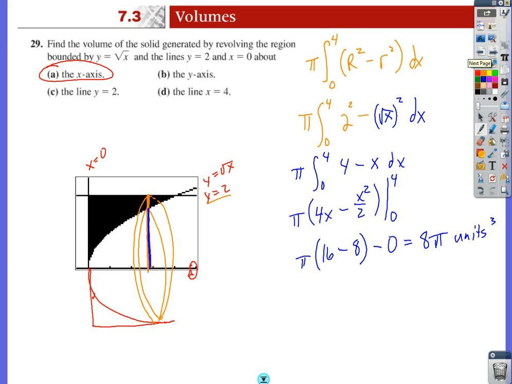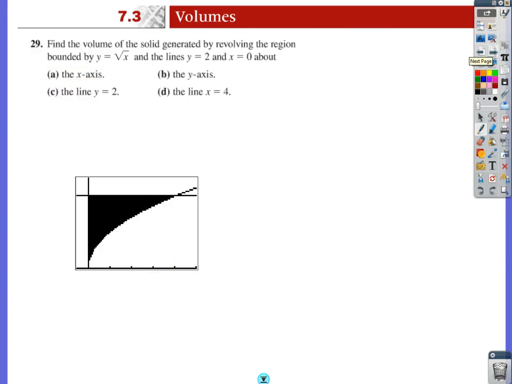So what's next? I'm going to do 29b. Go to the next slide so you have room to draw and do this. We're going to do this about the y-axis now. When I flip this about the y-axis, my graph gets put up against there. I draw the reflection, and now I draw my circle.